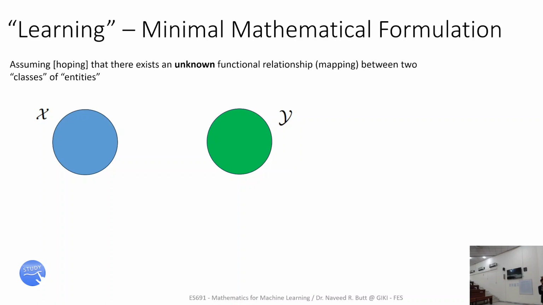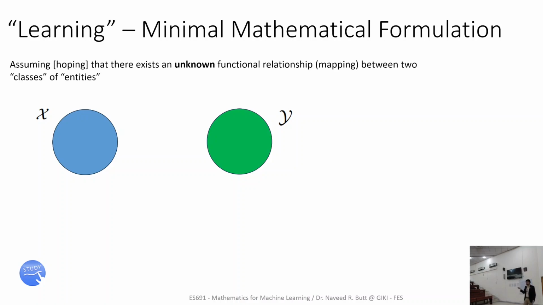Assuming or hoping, because we can't prove many of our assumptions, so we say, okay, let's hope there is a relation and we want to find it. There exists an unknown functional relationship between two classes of entities. When we go into the linear algebra part, we will define what we mean by the classes and entities, spaces and their subspaces and all that. But for now let's just call it this.